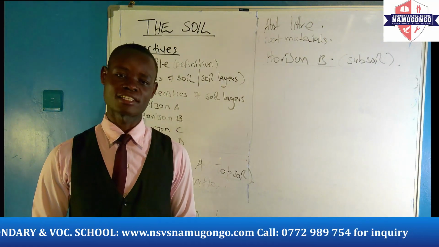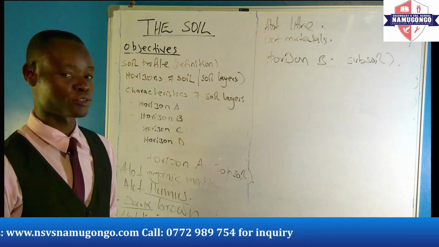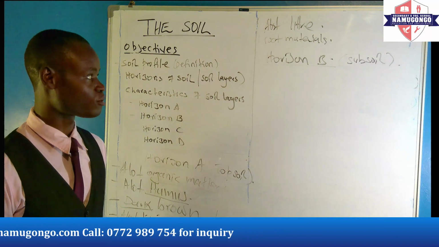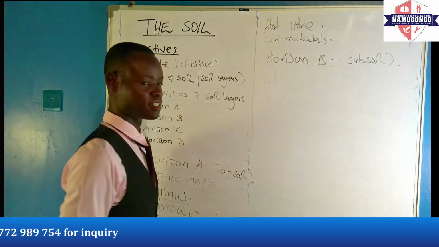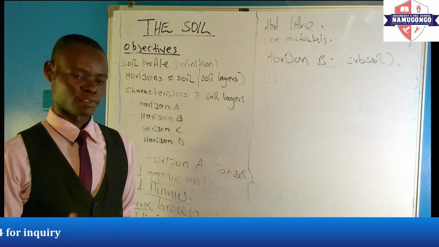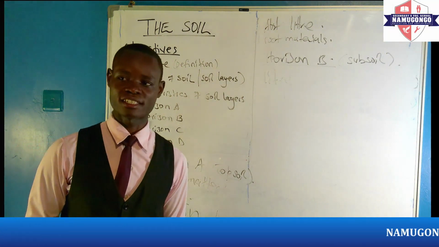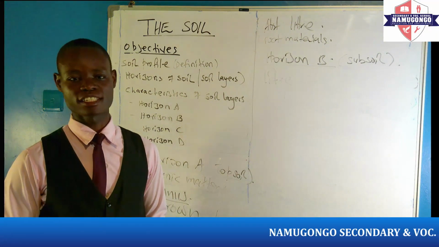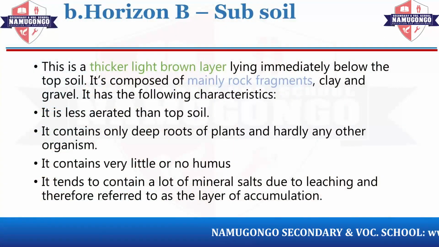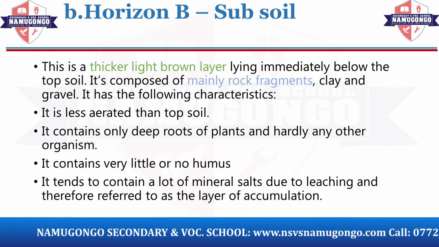The other characteristic of horizon B is that it contains little litter. Some materials or remains of plants can easily reach this area when you dig down there. You may also hardly find any humus there.